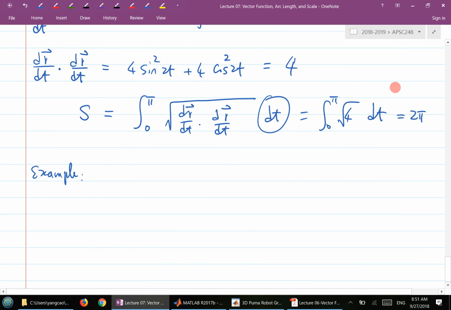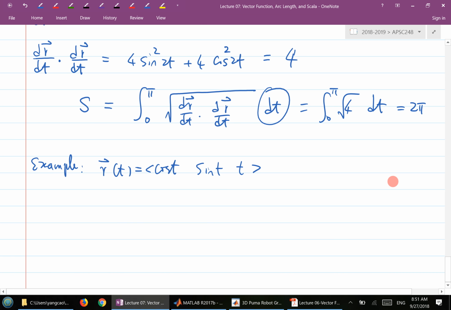So let's look at a different parametric equation: cosine t, sine t, and t. This is a helical curve, a helix.